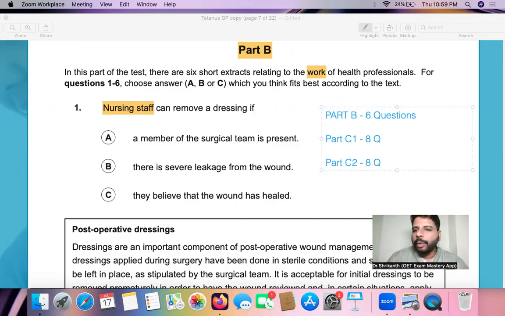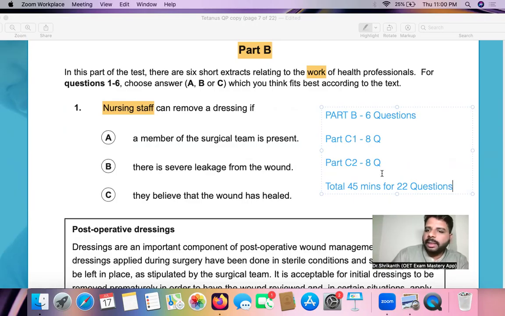Now, how much time do you have? You have a total of 45 minutes for 22 questions. So in total, you get 45 minutes to complete 22 questions, and you must manage your time very, very carefully.